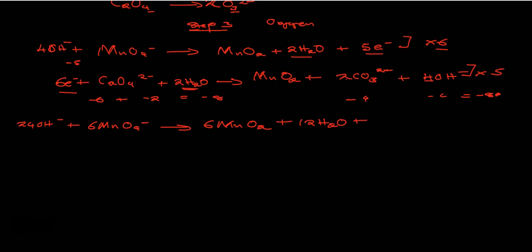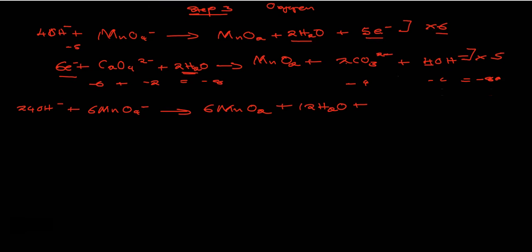Let me scroll up. So we had the 30 electrons. Now we start multiplying by 5. 5 times 5, we have 30 electrons. Plus 5 times 2, we have 10 H2O.